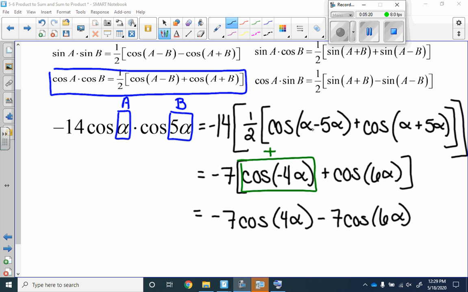I've got alpha minus 5 alpha gives me negative 4 alpha. When I take the cosine of a negative 4 alpha, remember that's going to be positive. So that's how, as I transfer down here, this became a positive 4 alpha. And then I did the 14 times 1/2 to get the negative 7 here, and then I distributed that.